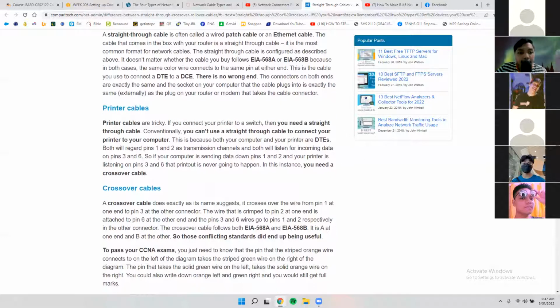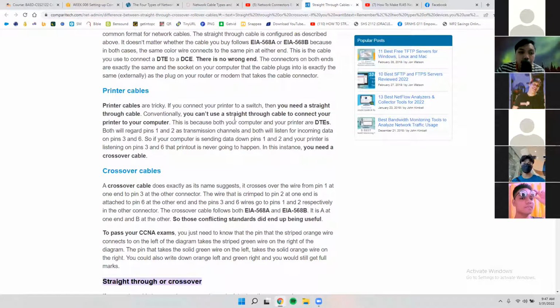Kasi pagka DCE to DCE, DTE to DTE, we use crossover cable. So, for example, printer cables. Okay? Kapag you need to connect your printer to a switch, you need a straight through. Kasi syempre, may mga computers na magpiprint din sa isang printer.